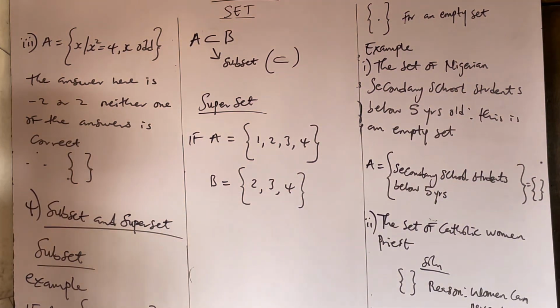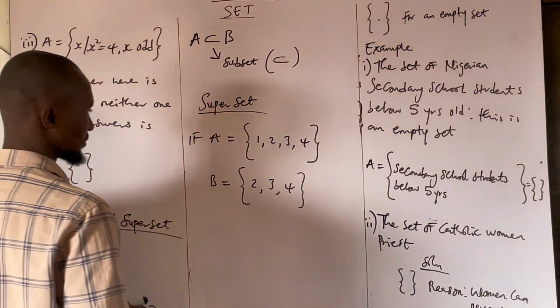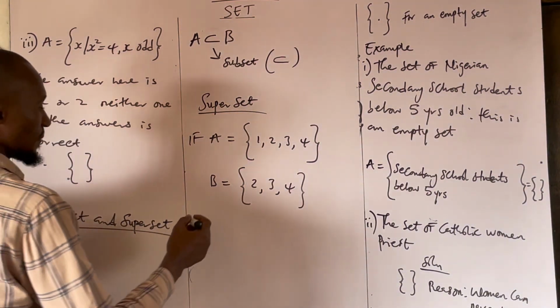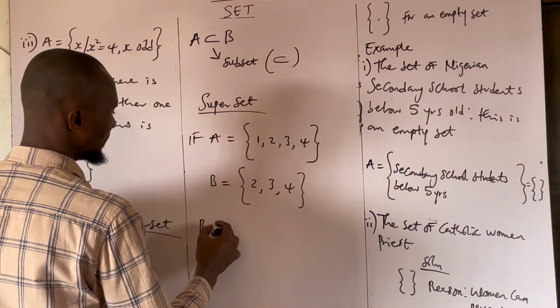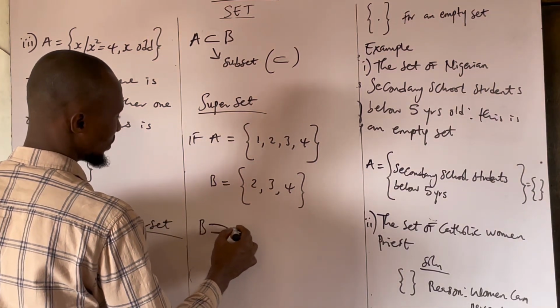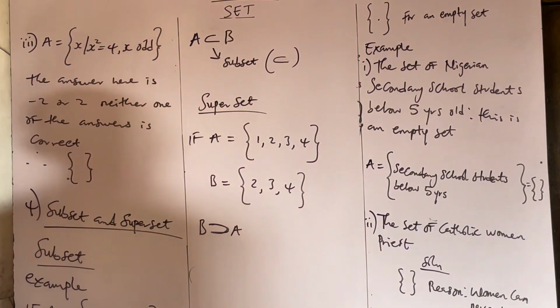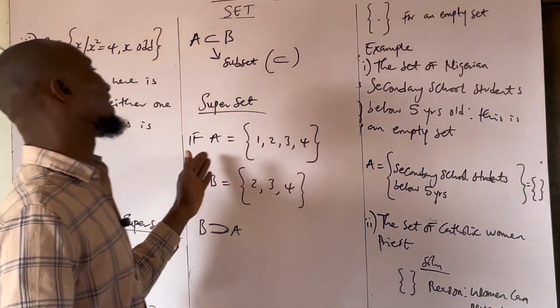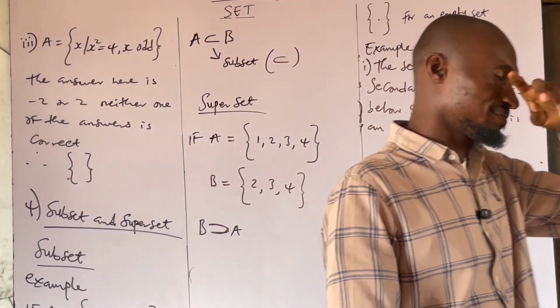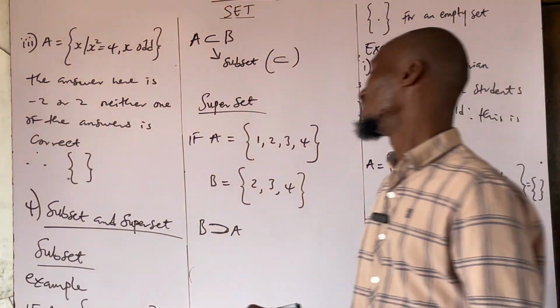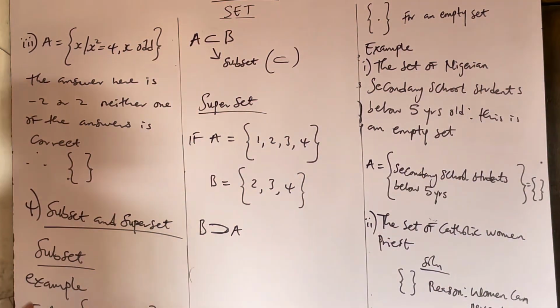Now, we can say that A is a superset of B. Can I explain? Superset is the opposite of subset. If you know what subset is, the reverse is the case.